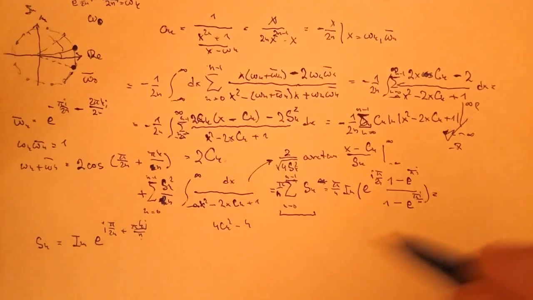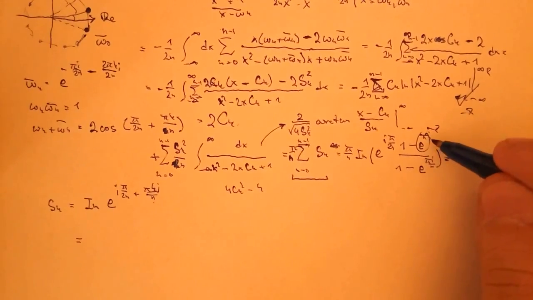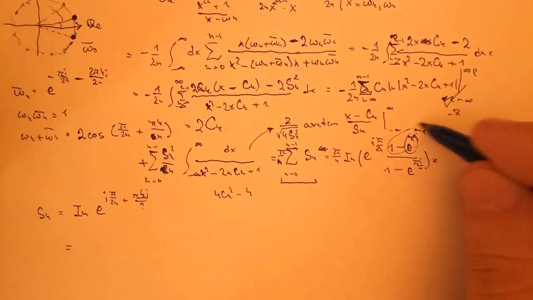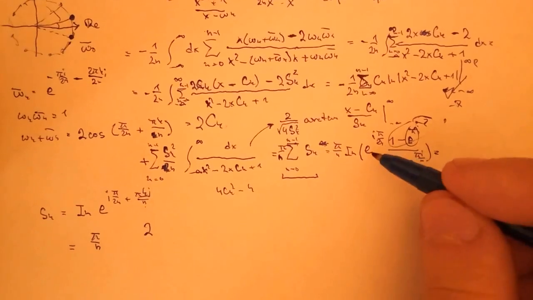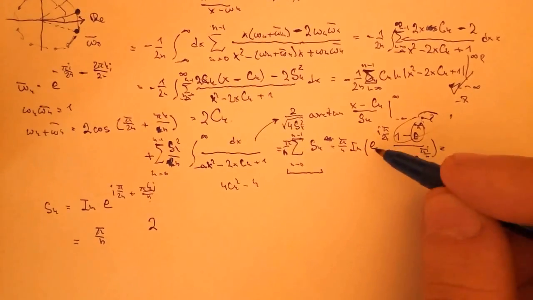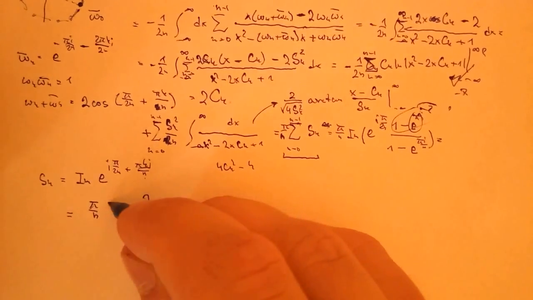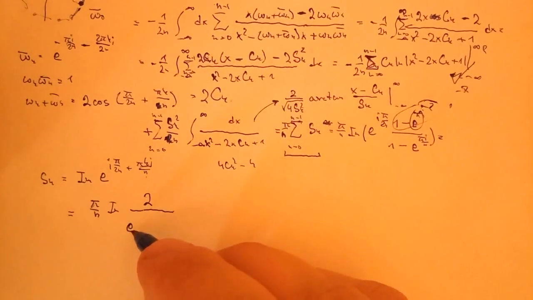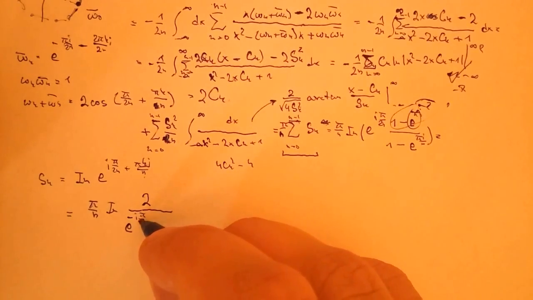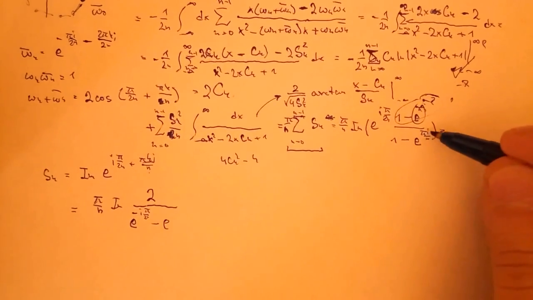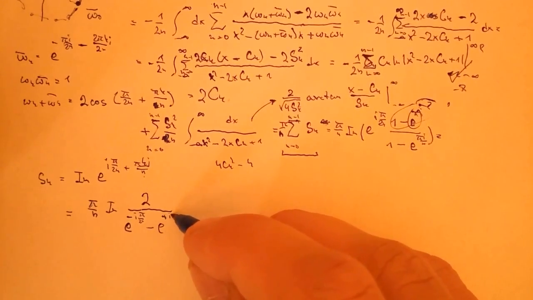And if you multiply together, this is minus 1, so this is 2, so there is 2 over this, and I will multiply the whole numerator and denominator by e to the minus this, so there is an imaginary part of e to the power of minus pi over 2n, minus e to the pi i over 2n, so this is plus i pi over n.